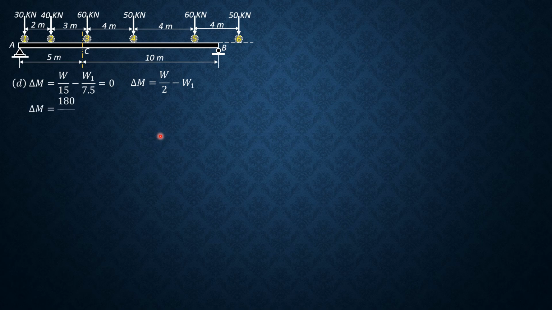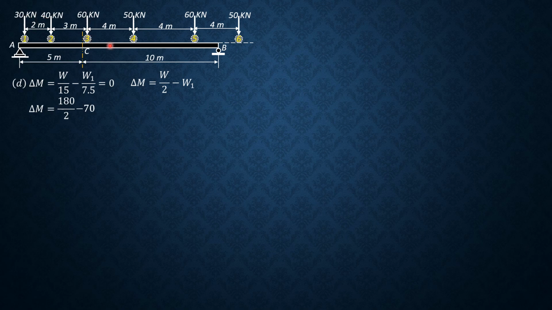So delta M would be 180 over 2. Load 3 is just to the left of the center line. So minus 70. W1 would be 30 plus 40.